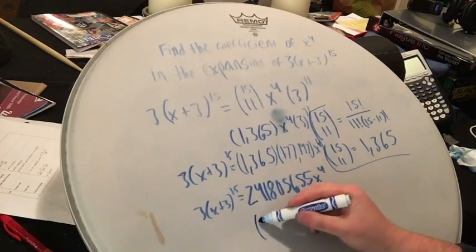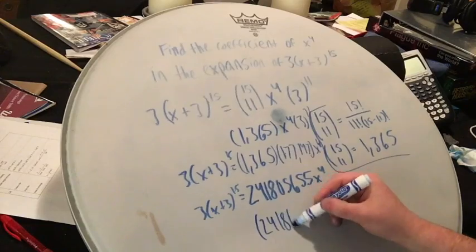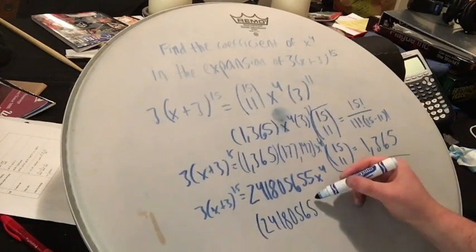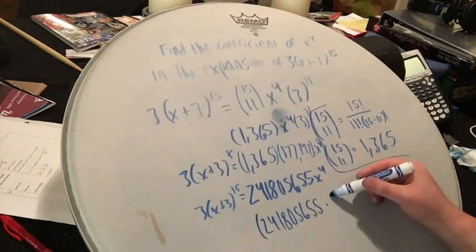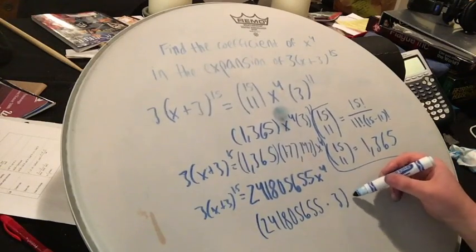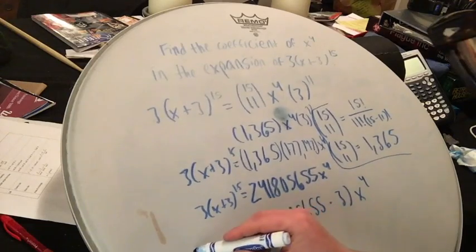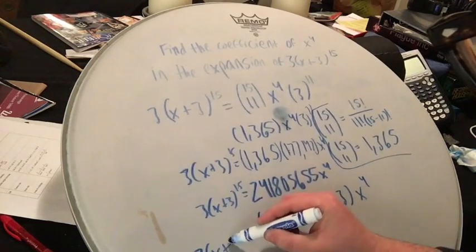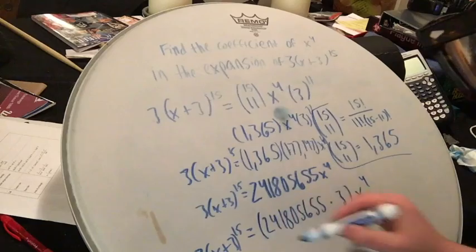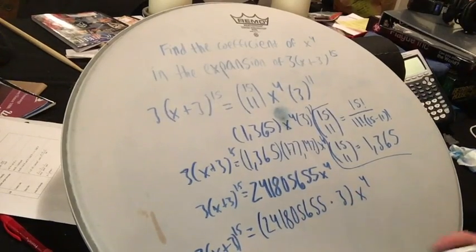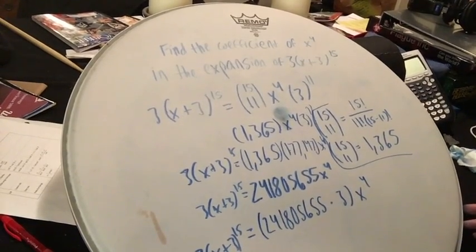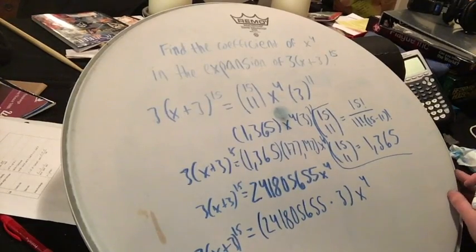Because it's going to be such a humongously large number, I'm just going to keep it as that big old number times 3 times x to the 4th, and that's the coefficient. So there you go. The coefficient is 241805655 times 3 of the expansion of 3 times (x plus 3) to the 15th.